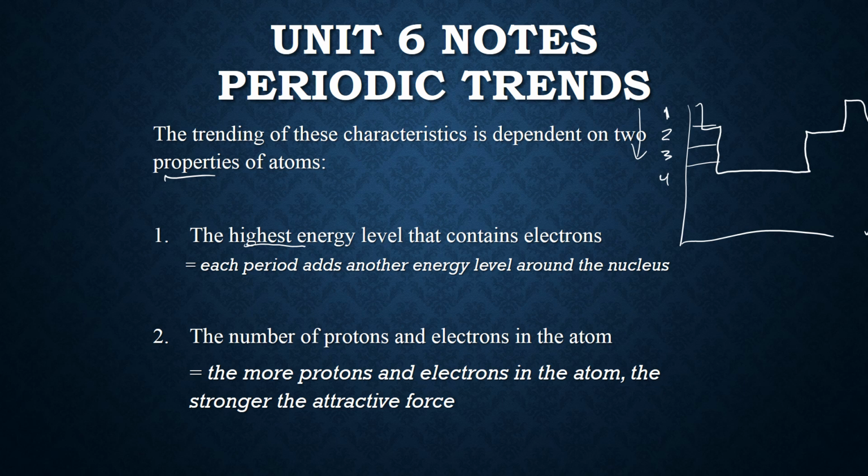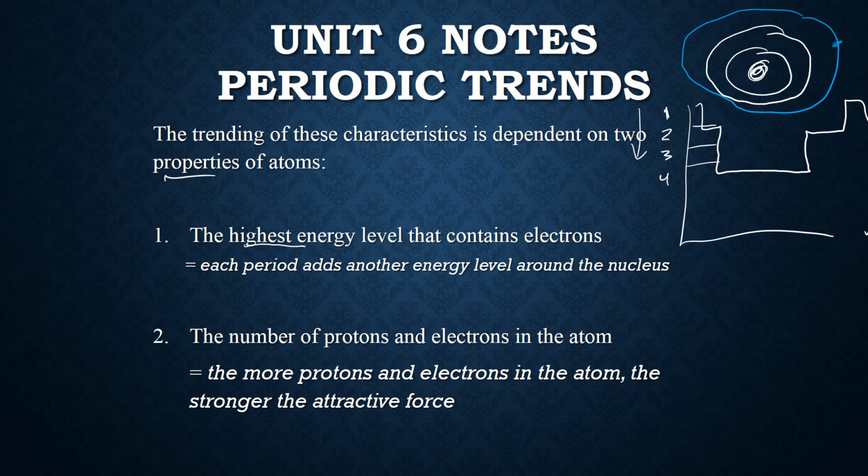So this has the first layer of electrons, level 1, and then we have the 2s and 2p, and the 3s and 3p. You go down a row and now you have the second energy level, and you go down another row and now you have the third energy level. Wherever the electrons are furthest out affects the size and all of these trends.